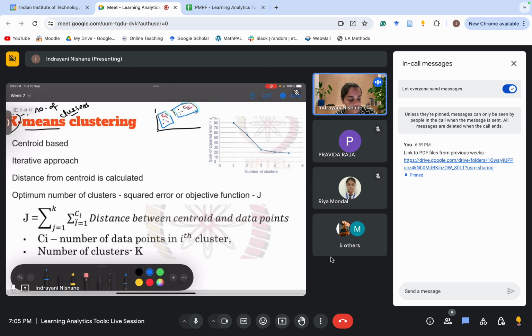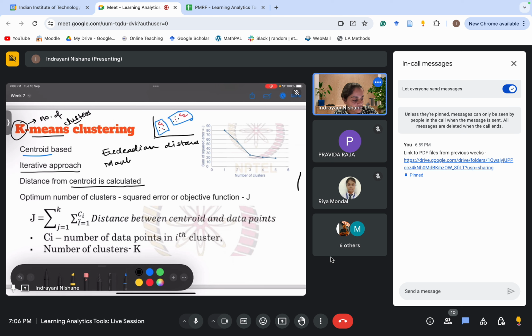We compute the distance from the centroid to each data point iteratively, to have the points located closest to the centroid in the same cluster. We compute the distance of every data point in cluster C1 from centroid C1 and also from centroid C2. These distances could be calculated using either Euclidean distance or Manhattan distance.